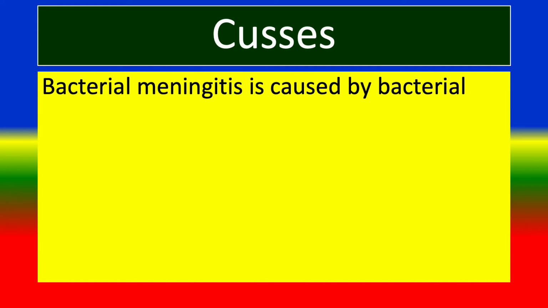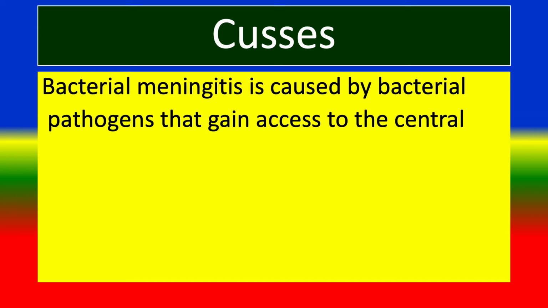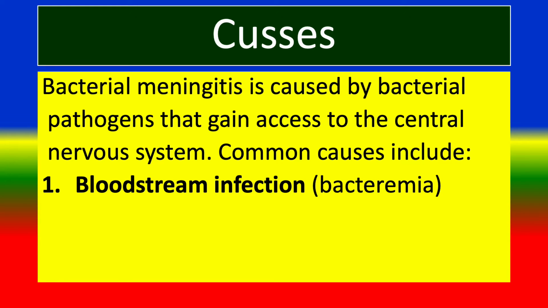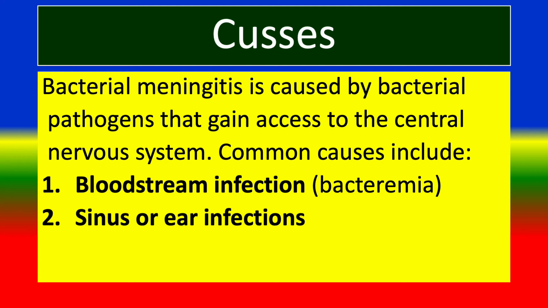Causes: bacterial meningitis is caused by bacterial pathogens that gain access to the central nervous system. Common causes include: 1. Bloodstream infection. 2.